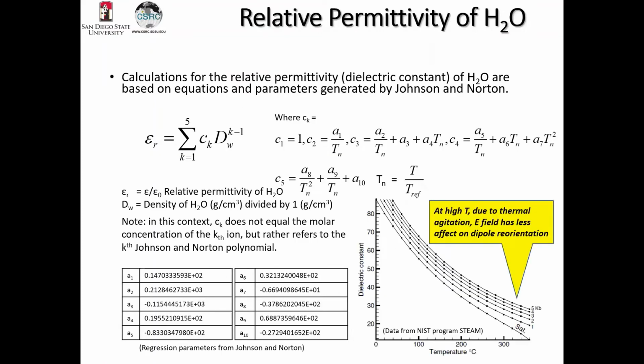So in order to calculate that, we need to have an expression for permittivity. I used the model from Johnson and Norton, and it's a power series model for the permittivity of water. And if you plot this as a function of temperature, you can see that the permittivity of the medium decreases with temperature. And why is that?